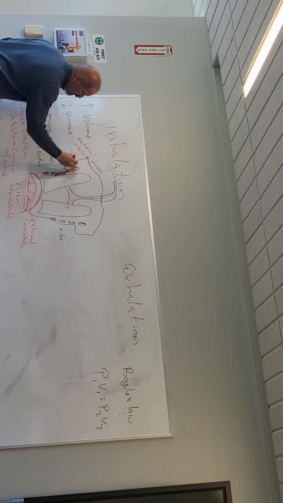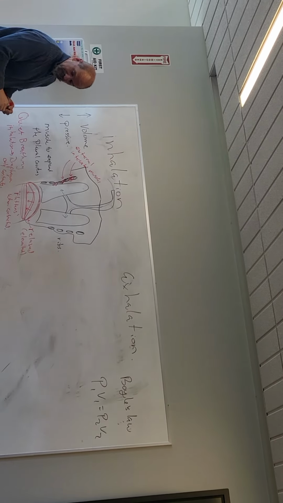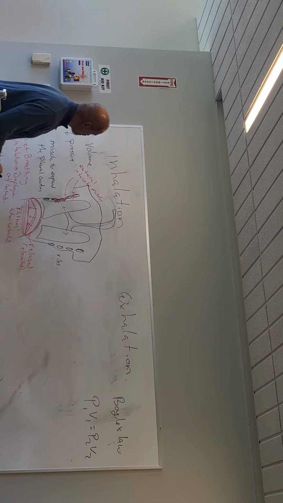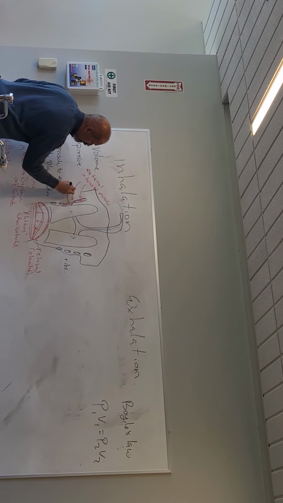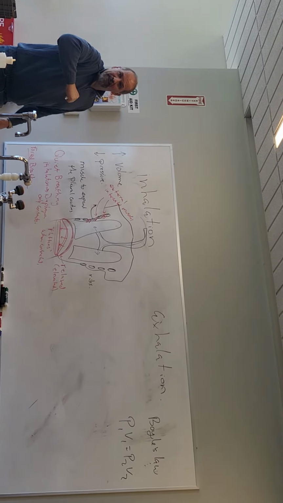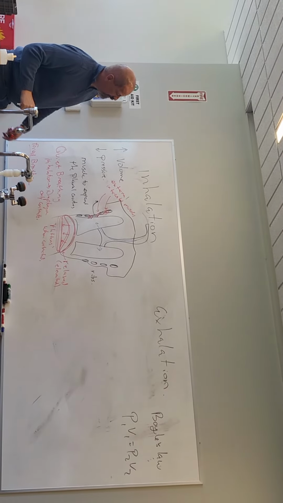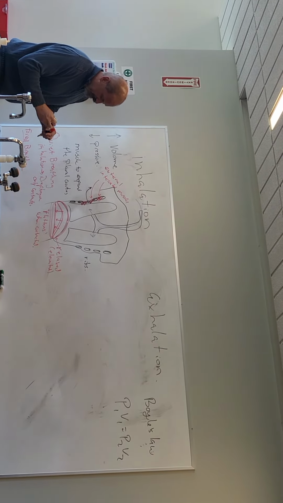When they contract, they move the ribs laterally and up. So when these muscles contract, the ribs come out and up. They call that the bucket handle. They go out like that. Okay? That's going to increase the thorax's volume.